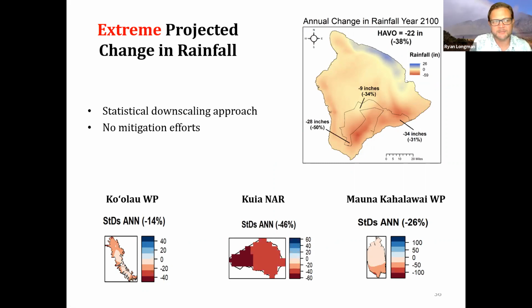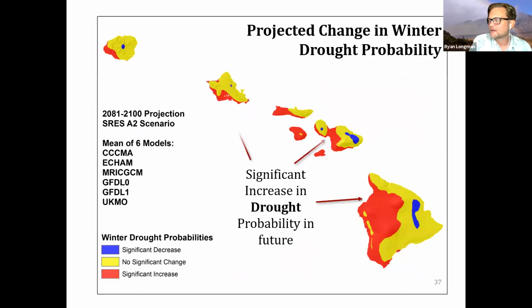Most of the places I looked at for the folks on this call and the portfolios, we saw decreases in the future. There's really not much that's saying it's going to get wetter. Almost everything says drier. But again, looking at this map, you see on the Hamakua coast that you do see some wetter projections. So again, it depends on really your own study area.